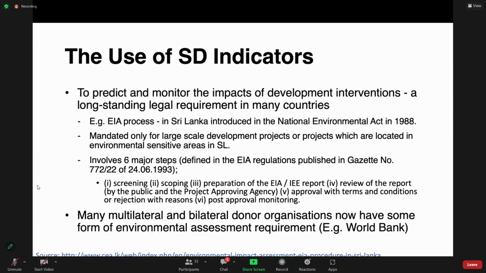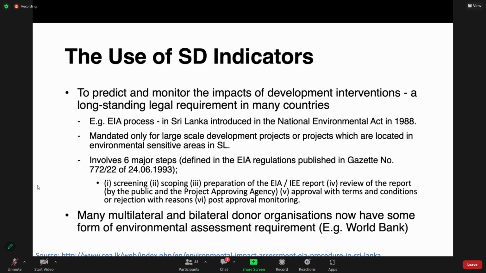Environmental impact assessment is a long-standing requirement in many countries, a process that we use. So I think you'll discuss this with Professor Lalit De Silva today also. So in Sri Lanka, we have introduced the EIA process in the National Environmental Act.